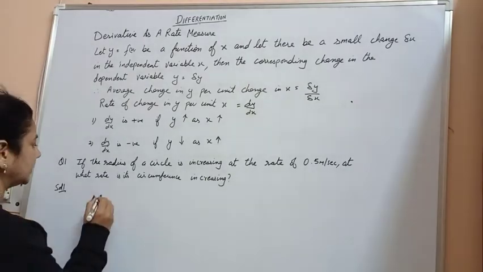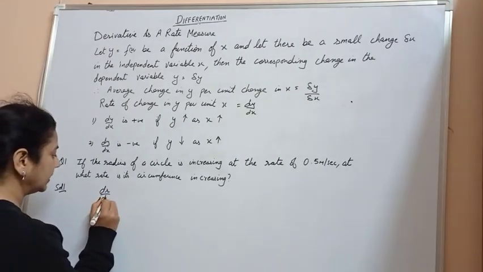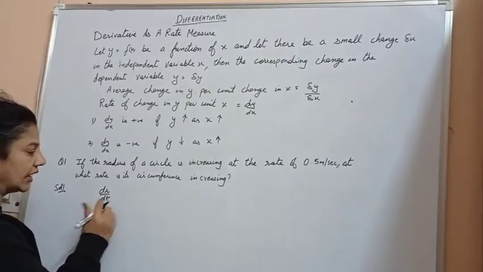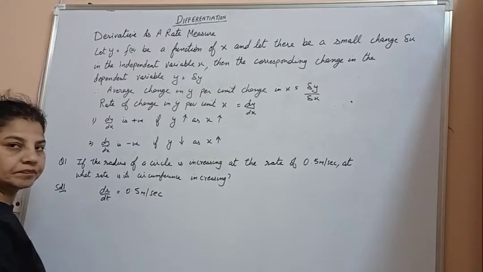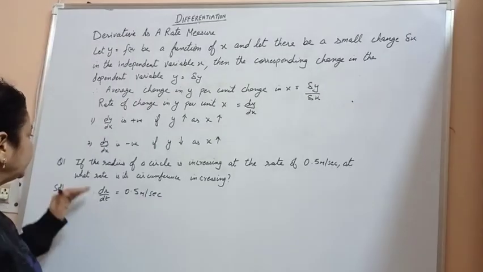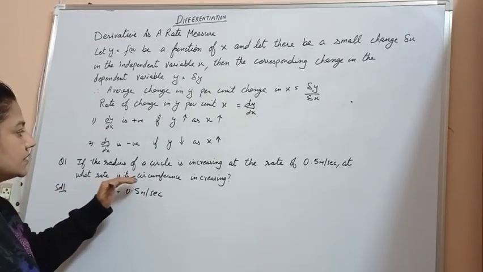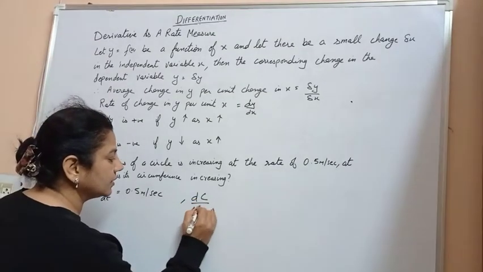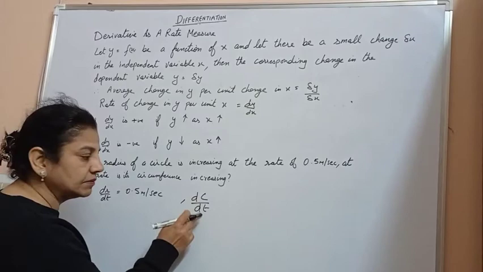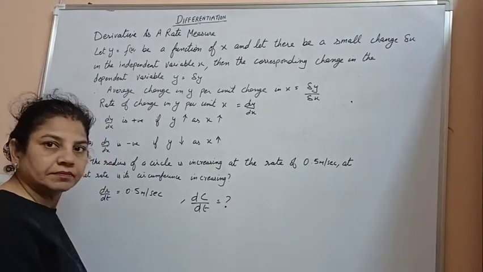Radius is increasing at the rate, that means dr by dt, the radius with respect to time, is given as 0.5 meter per second. We have to find the rate at which its circumference is increasing. So what we have to calculate is the rate of circumference, dc by dt.